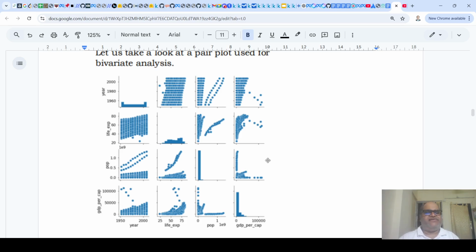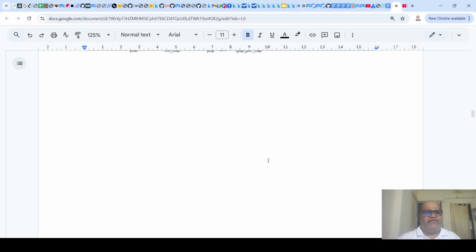Some of these are having a certain kind of trend. What does that mean? The data sets are more oriented on one part of the plot. So looking at this can give you some idea.